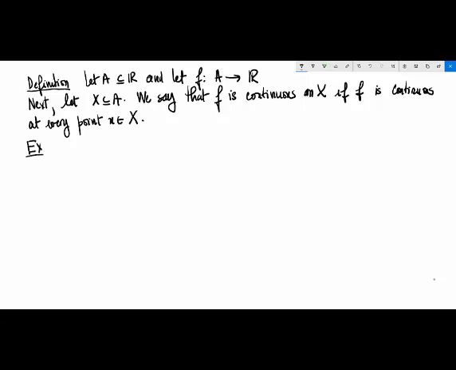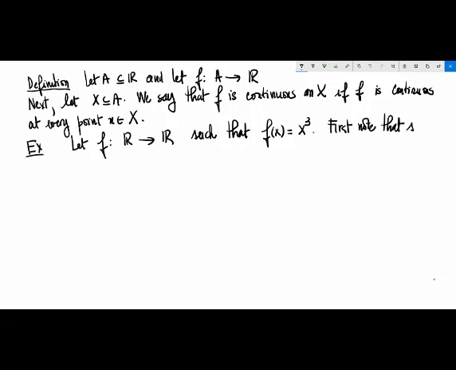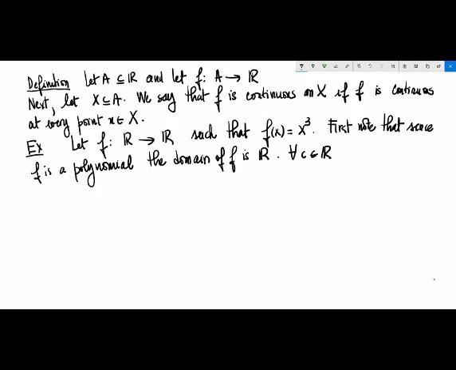So for example, if we let f be the map between R and R such that f of x is equal to x cubed, then first we note that since f is a polynomial, the domain of f is R. And also, for any c in R, from what we've seen in our previous section, the limit of x cubed as x is approaching c is precisely c cubed, which is f of c.